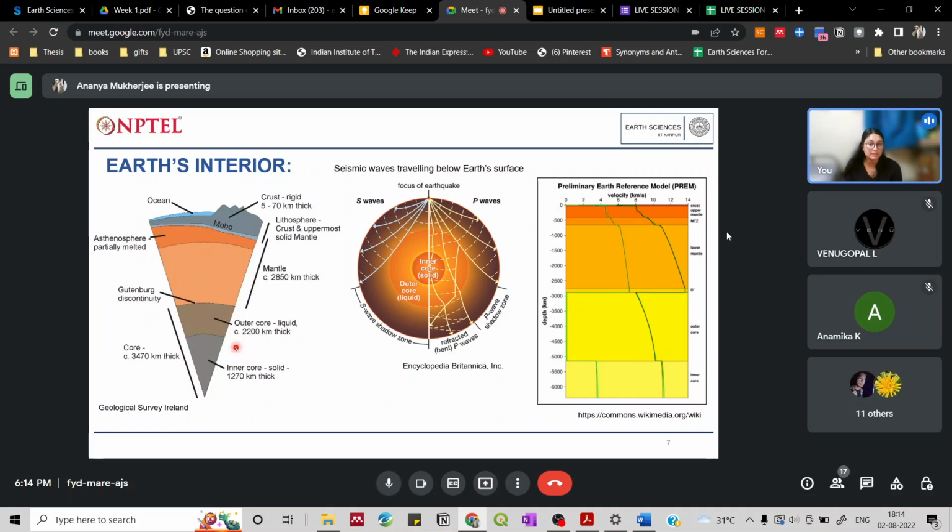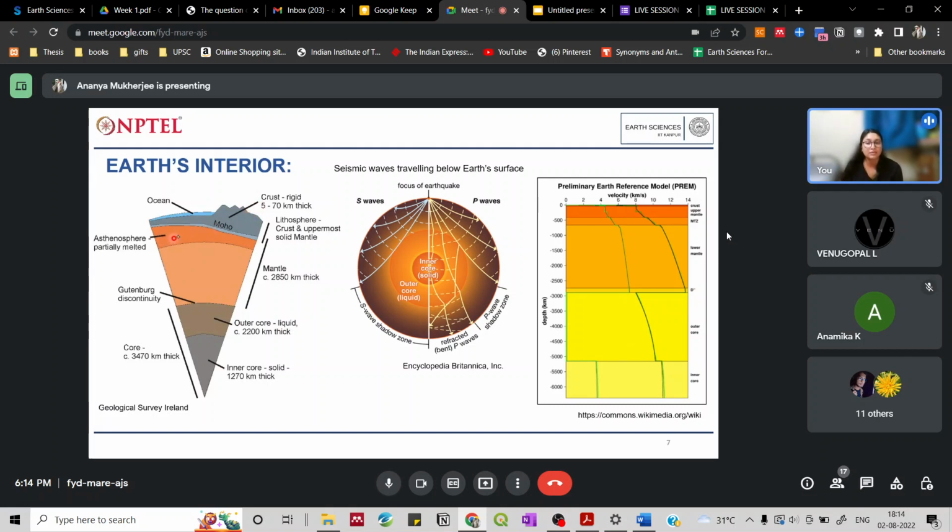These layers are due to the different densities that they have. Now we know that the crust is on top. The crust is made up of two components, the continental crust and the oceanic crust. The continental crust is lighter than the oceanic crust. So that is why the oceanic crust is quite thin and the continental crust is thicker than that.